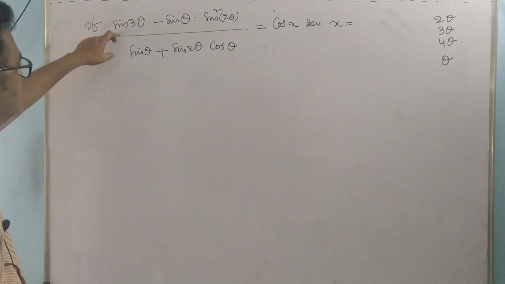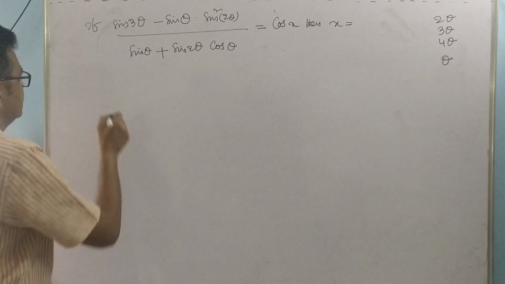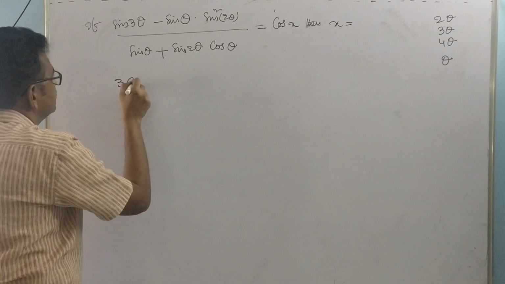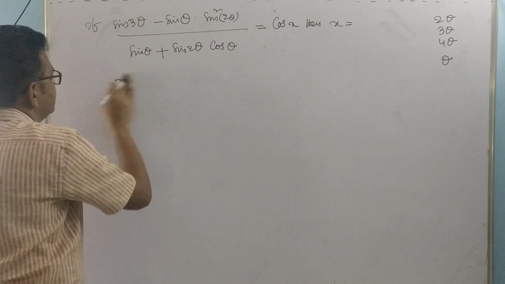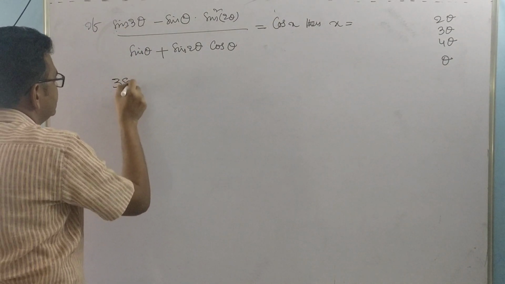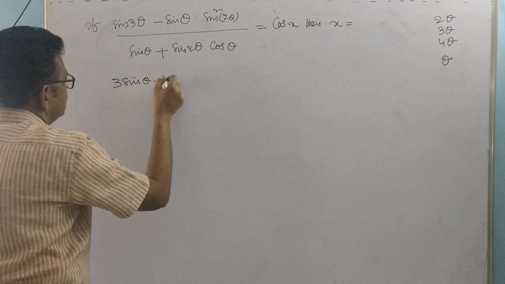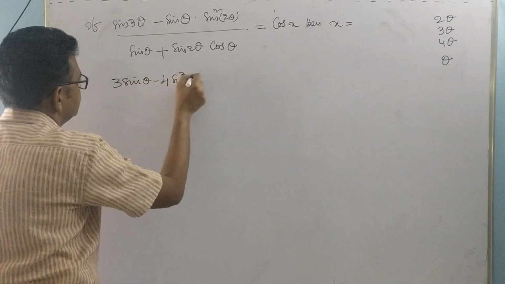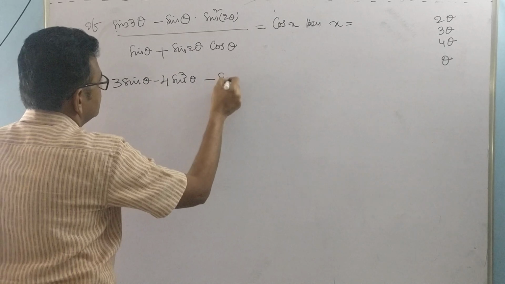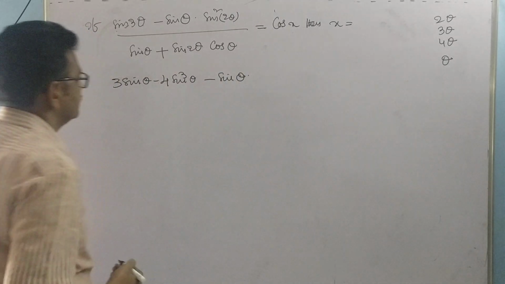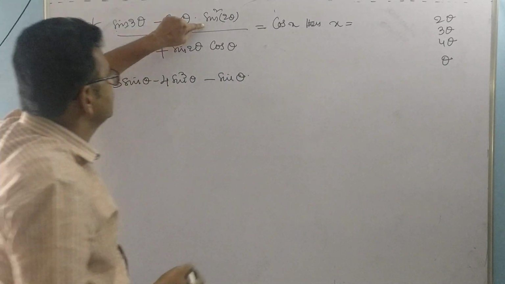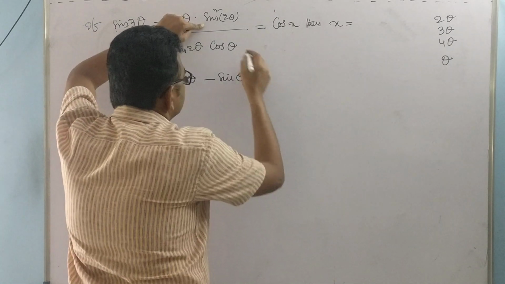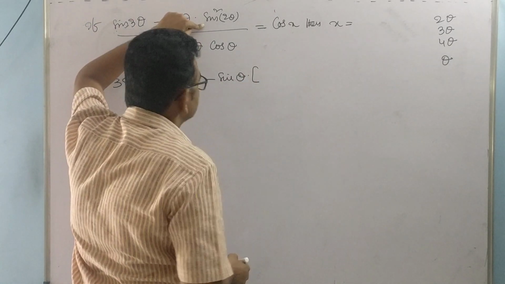So sin 3 theta formula. What is sin 3 theta formula? 3 sin theta minus 4 sin cube theta, minus sin theta into sin square 2 theta. What is sin 2 theta? 2 sin theta cos theta.